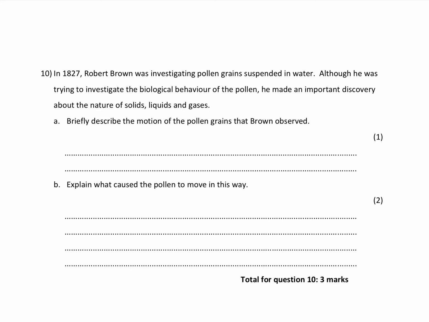Right, we're talking now about Brownian motion, Robert Brown, 1827. And for whatever reason, he was trying to investigate something, but he discovered what he described as Brownian motion. And what did he observe?